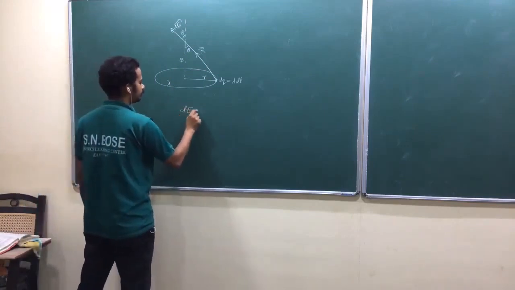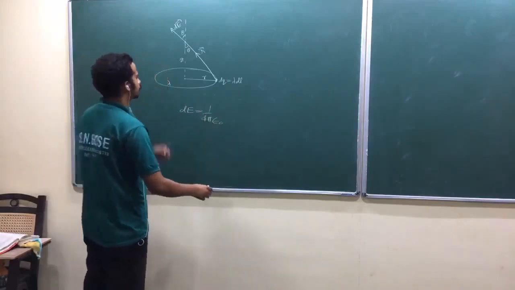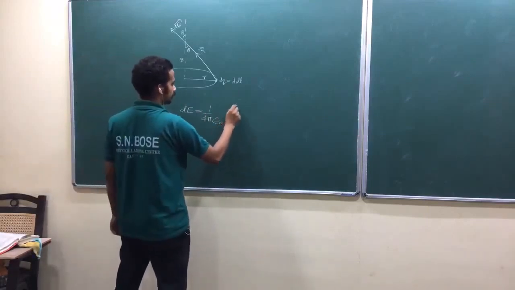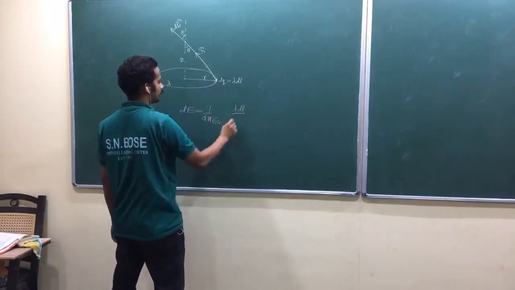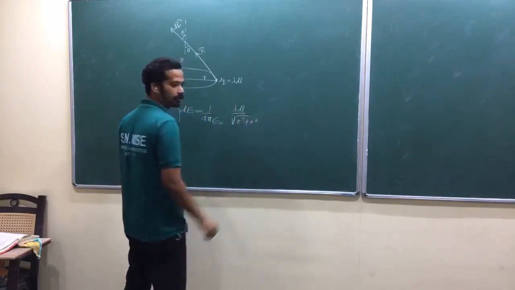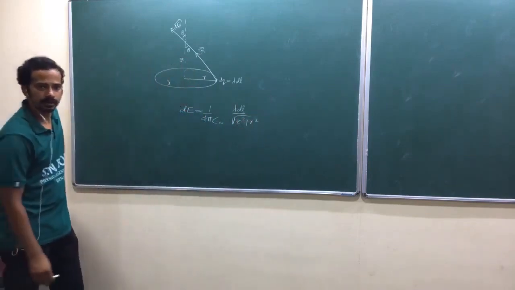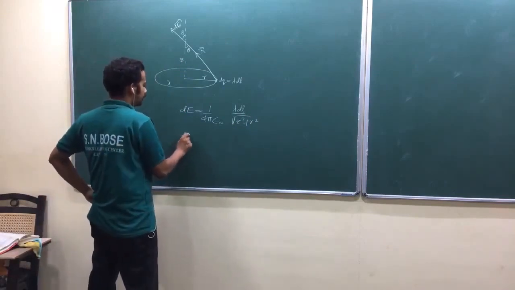What is that dE, the magnitude? Lambda dl divided by italic r squared, am I right? What is italic r? Root of z square plus r square, both are constant, z and r are constant, isn't it?